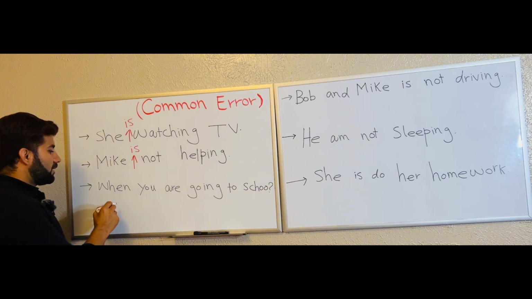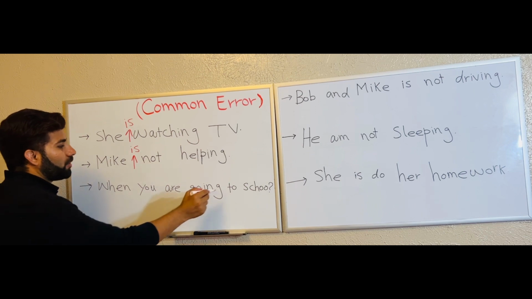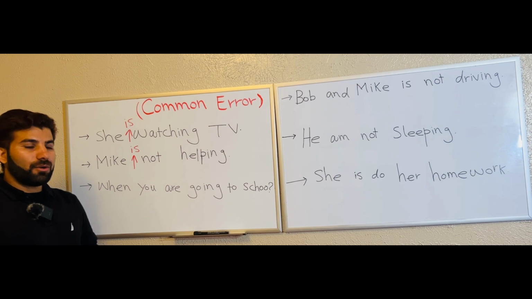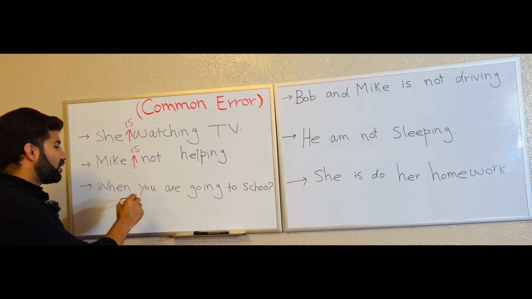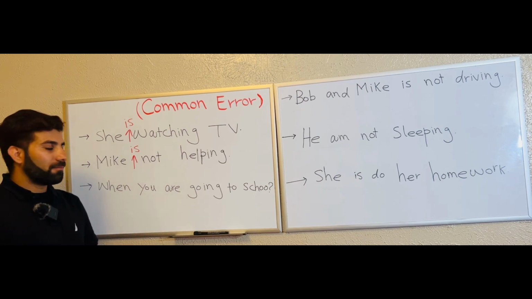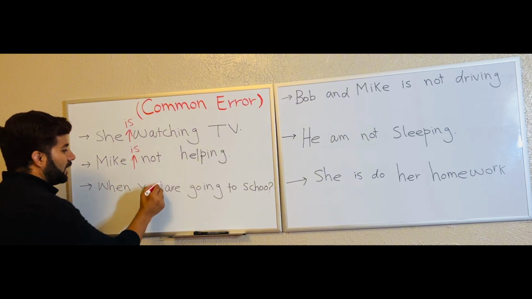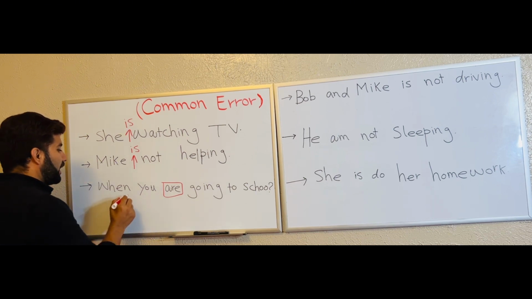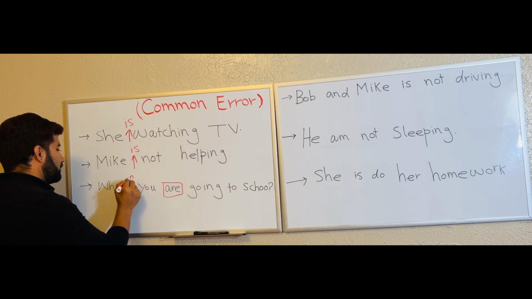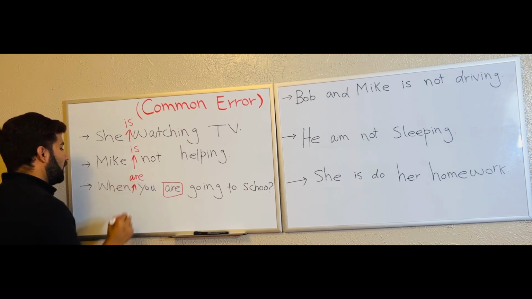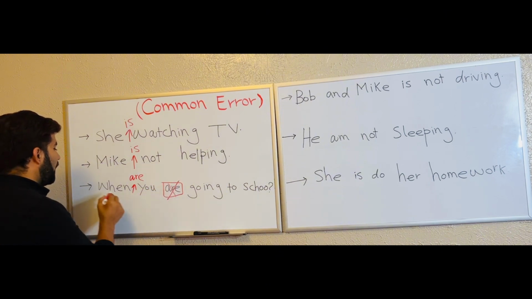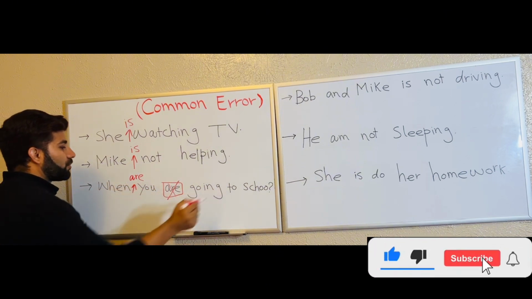In this sentence, when you are going to school, the pattern is wrong because they wrote the be verb in the wrong place. So this be verb will come here. The correct sentence will be: when are you going to school?